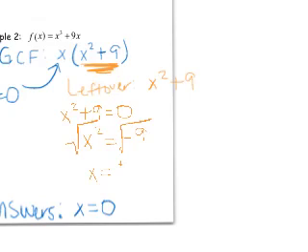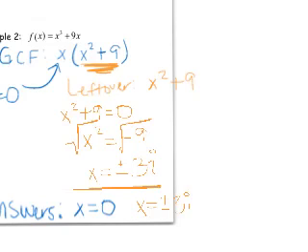Plus or minus. What's the square root of 9? 3, and i, because it's negative. So x equals plus or minus 3i. If you did the quadratic formula, that would certainly be fine, and you should get the same thing. This is just much easier.